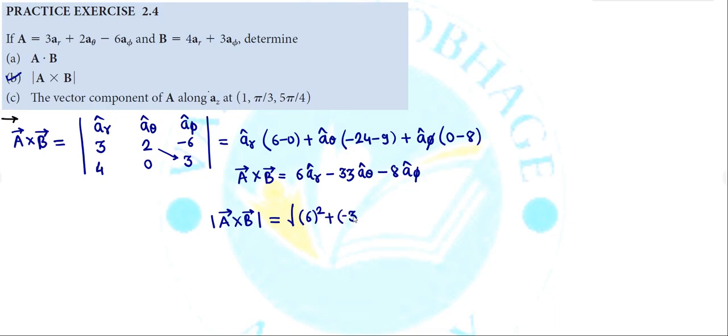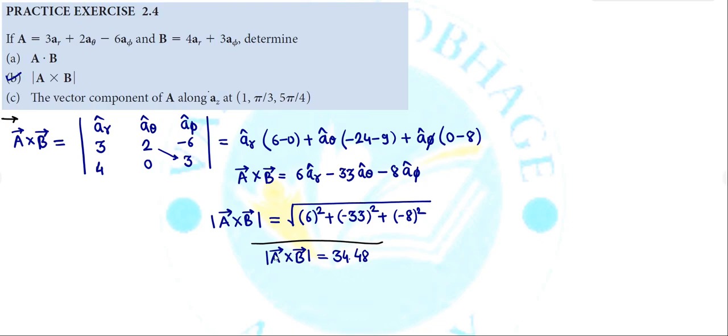So we have the very first component 6 square, then minus 33 square, then minus 8 square. And if you simplify that, you will find that the cross product of vector A and vector B has a magnitude of around 34.48. Okay, so this is our answer for part B of the same numerical.